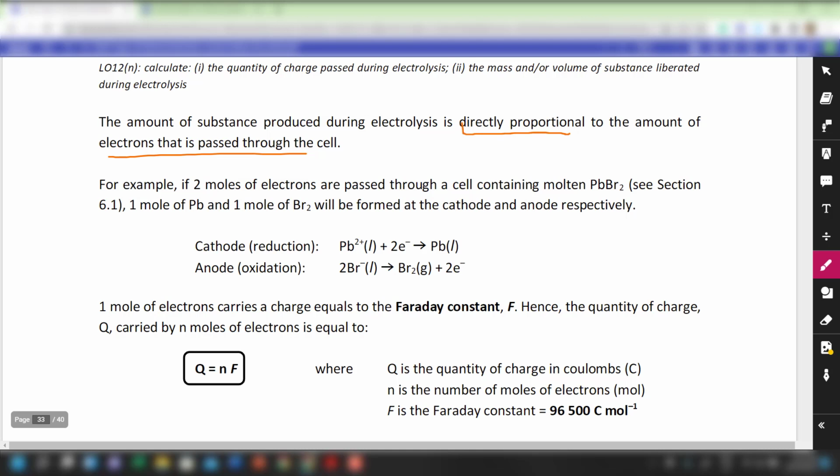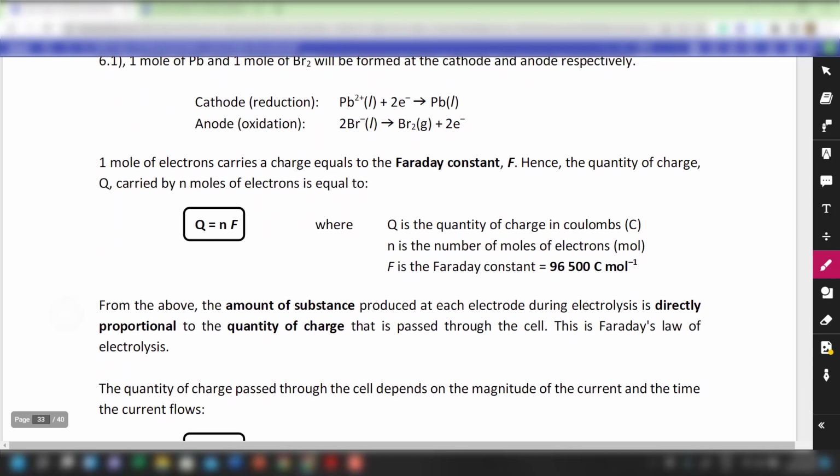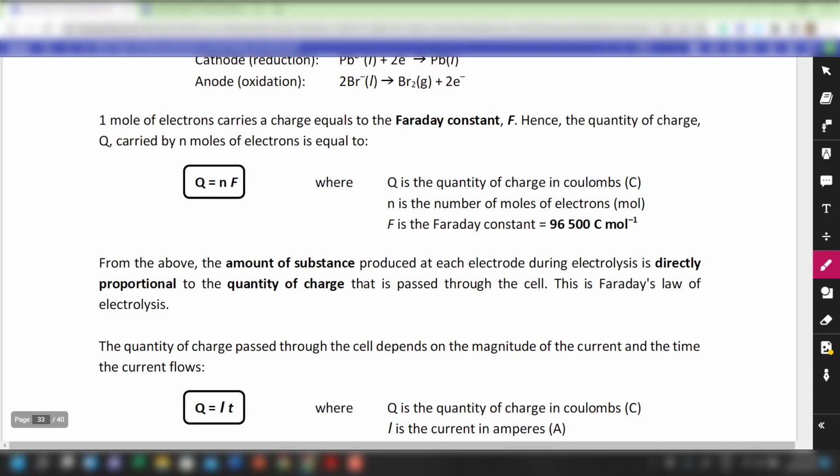This is exactly what we meant when we say that the amount of substance is proportional to the amount of electrons transferred in the process or passed through the cell. And we're going to introduce something a little bit more physics. Over here, 1 mole of electrons carries a charge equivalent to the Faraday constant.